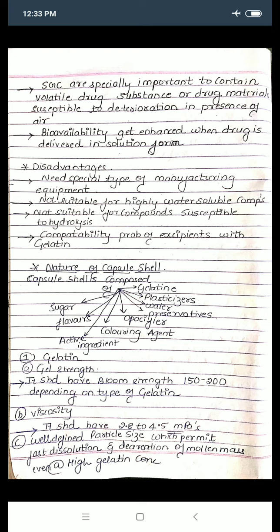Coming to the viscosity part, soft gelatin's viscosity should be 2.8 to 4.5 millipascals, and it should have a well defined particle size which permits fast dissolution of the molten mass even at a high gelatin concentration.